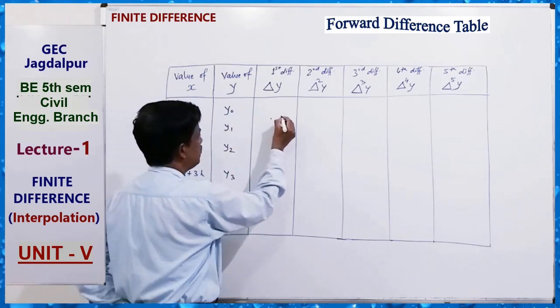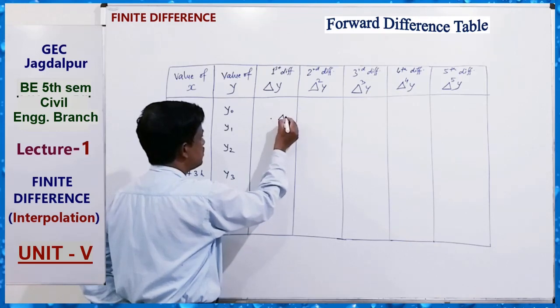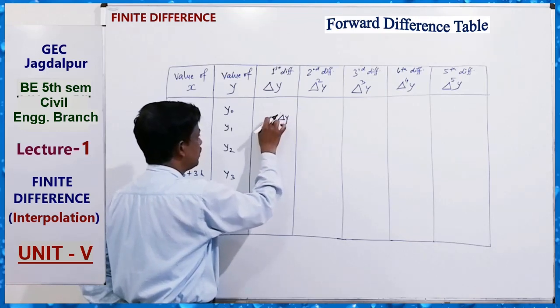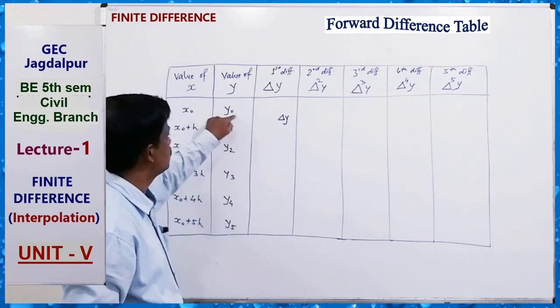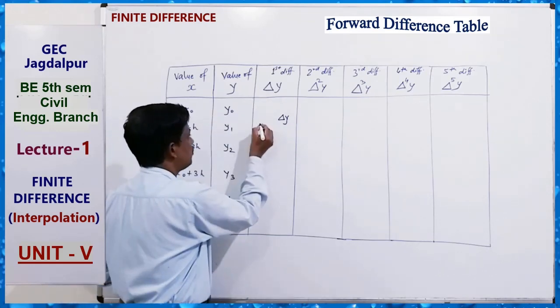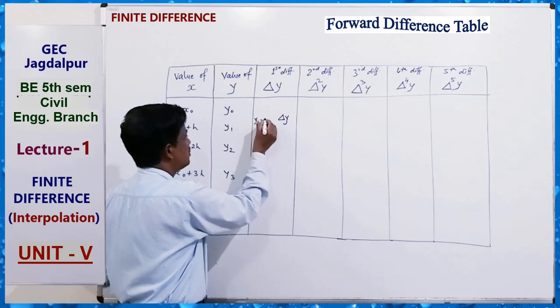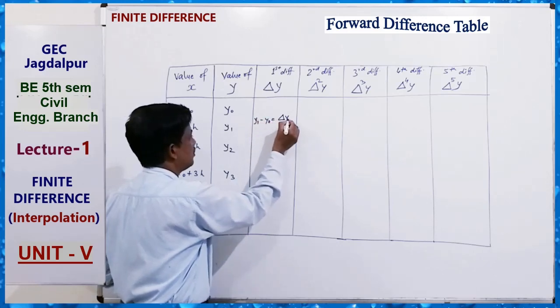What will this difference be? First difference of y. If we subtract y1 minus y0, forward difference, that means y1 minus y0 equals delta y0.